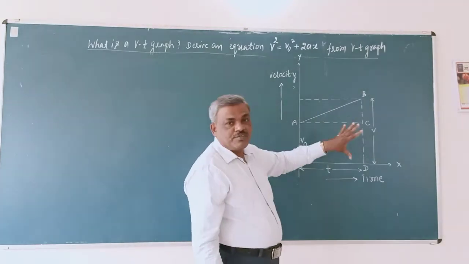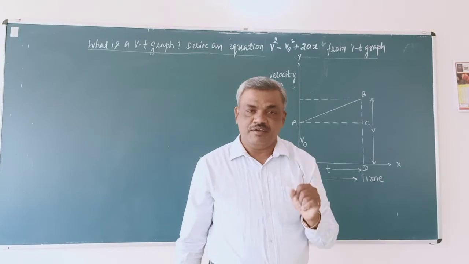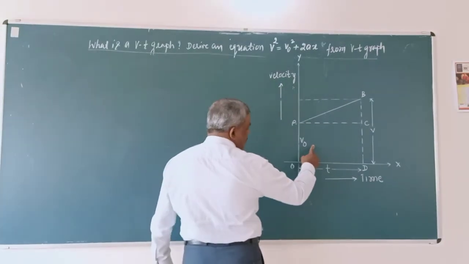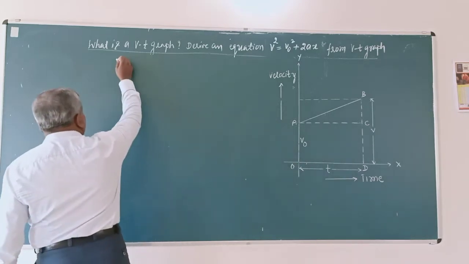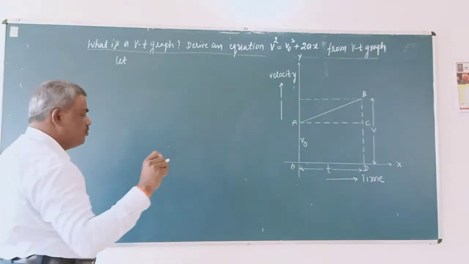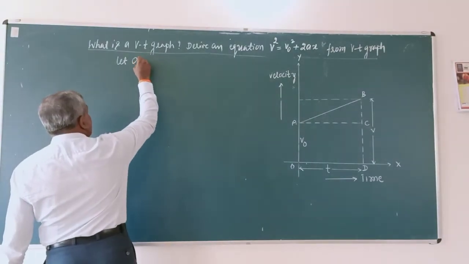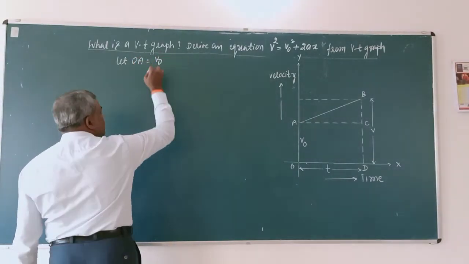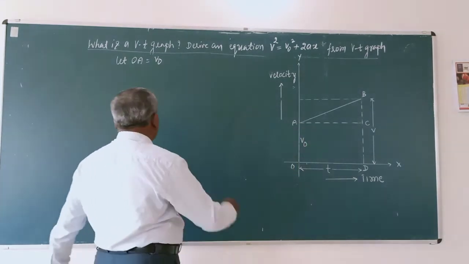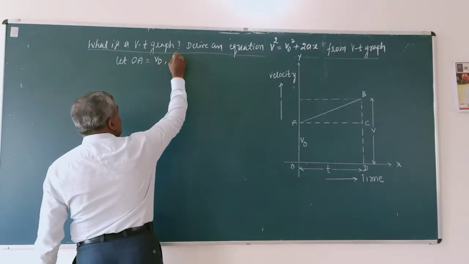This area represents displacement. So what data have you taken for this graph? Let OA equal V naught. What is V naught? Initial velocity.